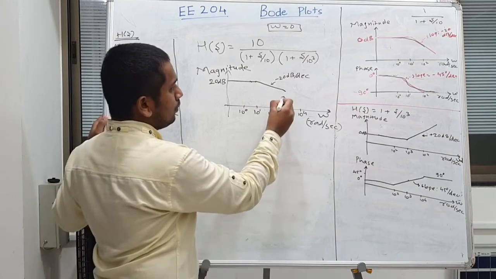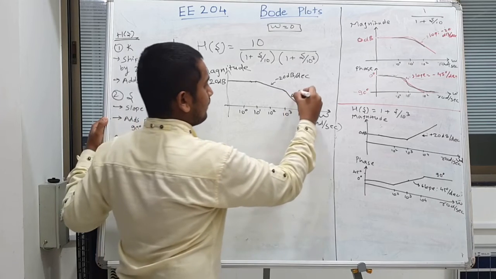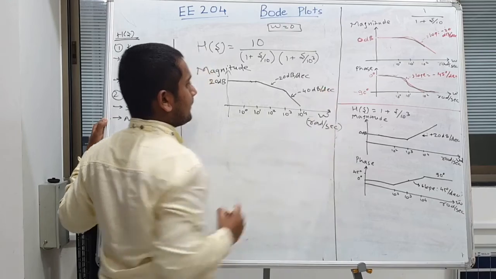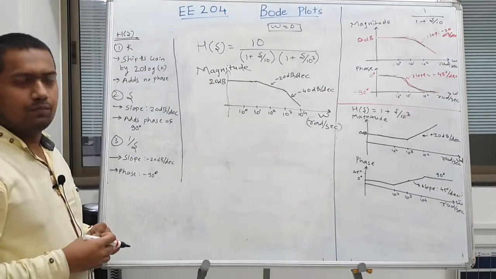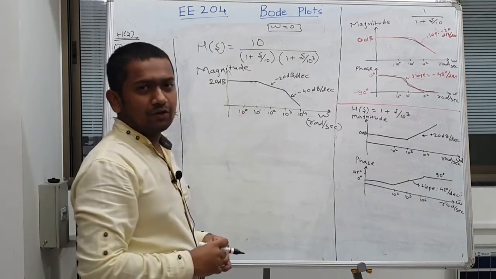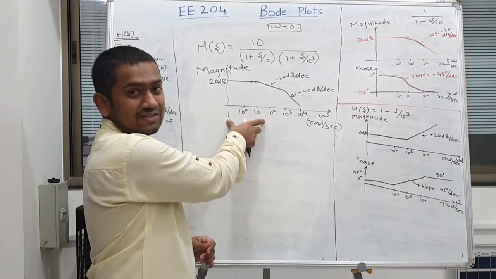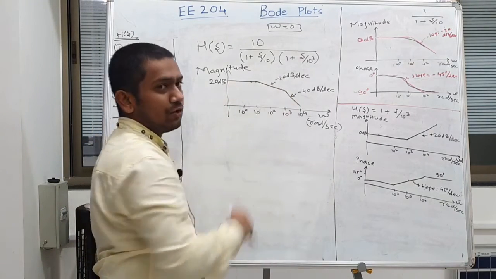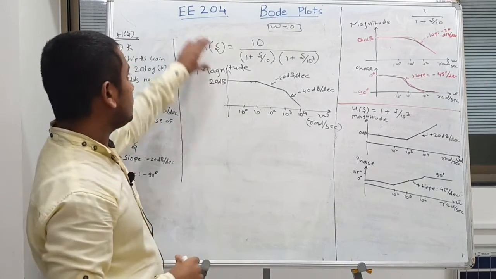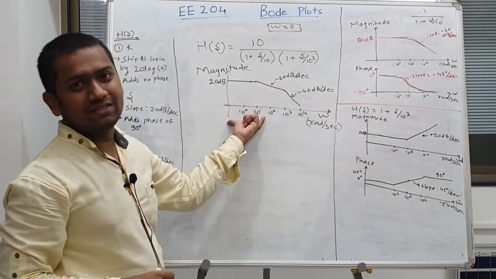Therefore, the new slope will be minus 40 dB per decade. From this graph, we can say that this system H of s is giving a good gain for low frequencies and it is giving an attenuation at higher frequencies. Therefore, we can call this system a low pass filter, which is passing low frequency signals.